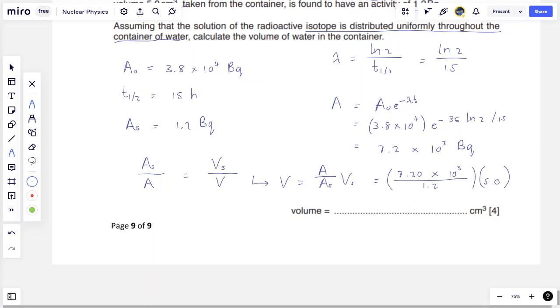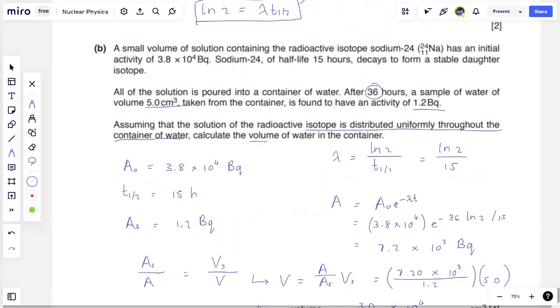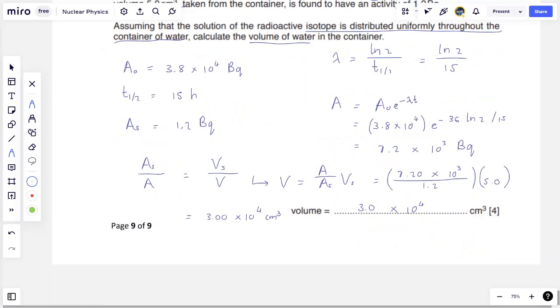Doing this calculation, I get 3 times 10 to the power 4 cubic centimeters. Two significant figures, 3.0 times 10 to the power 4 cubic centimeters. I had to add a lot of water in order to bring this activity down to something that's probably more acceptable.